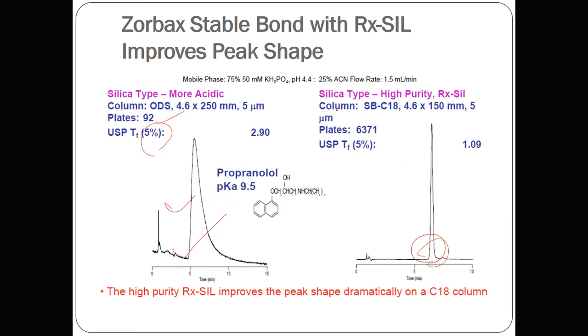And here the type B silica is highly pure RX-Sil, SB-C18 column, 4.6 x 150, 5 micron, plates 6371. It is okay, and USP tailing factor is 5%. We can consider it better than this. Very highly pure RX-Sil improves the peak shape dramatically on a C18 column.